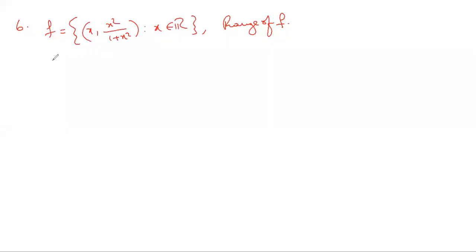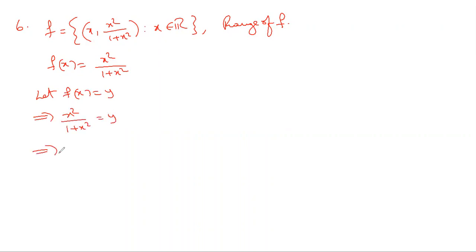Basically, the meaning of this is f of x equal to x square by 1 plus x square. Because it's a rational function, you can use the y method. What is that y method? Let f of x equal to y. That implies x square by 1 plus x square equal to y. That implies x square equal to y plus yx square.